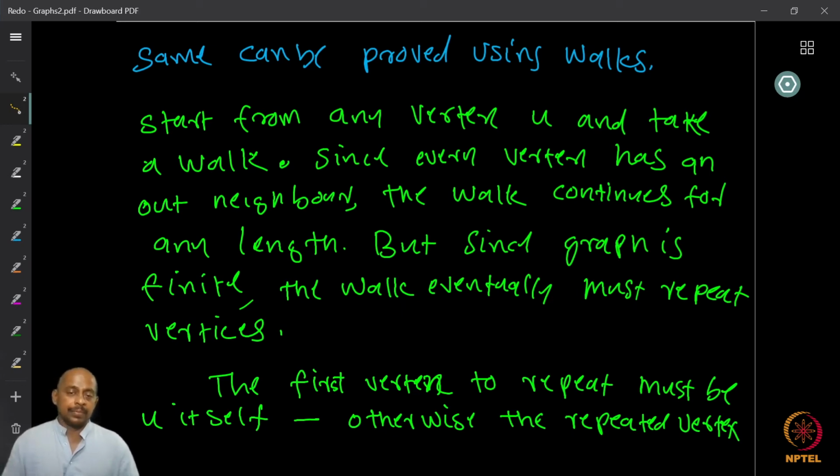Because if that is not the case, what happens is I start from u, I go to, let's say, v, and then go further, and suppose it comes back to v, not to u.